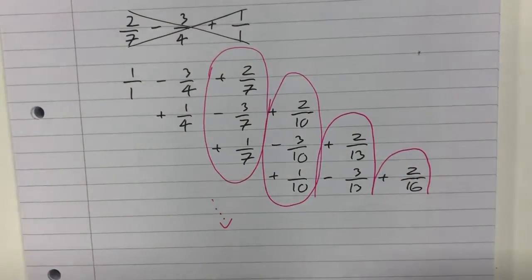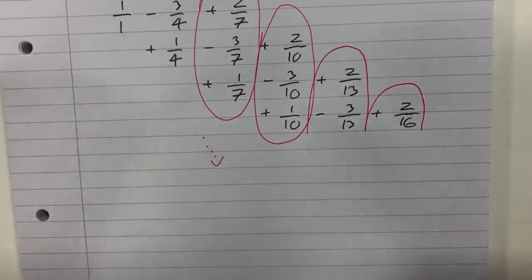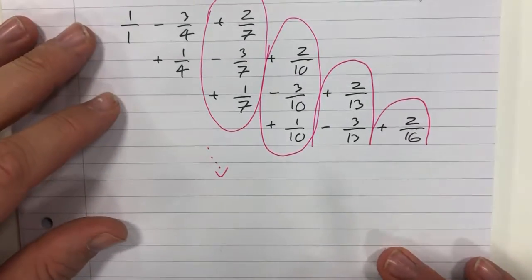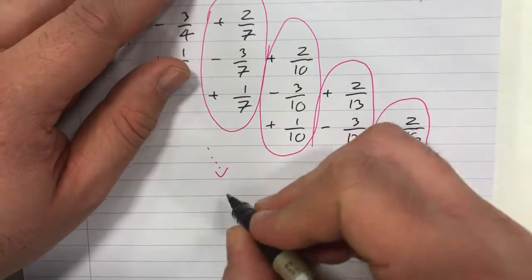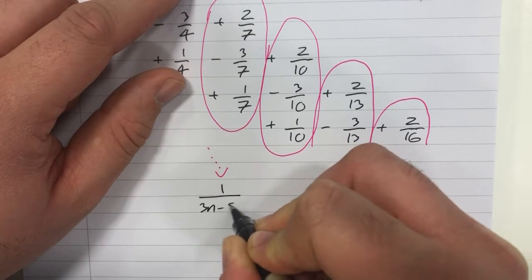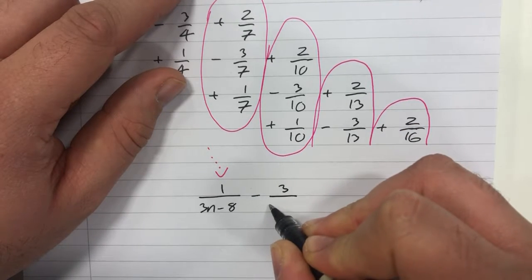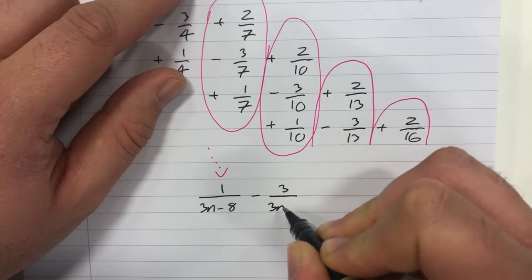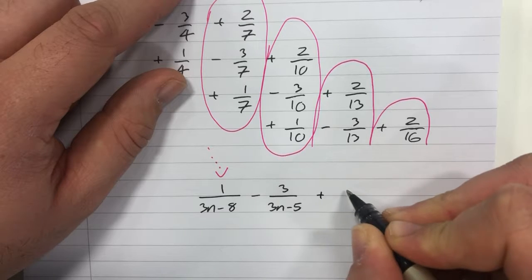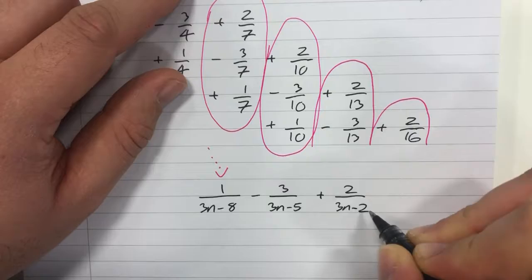Missing a few terms, I'm going to go back as far as n-2 this time at the end of the series. So n-2, I know you can't see it now, but n-2 is 1/(3n-8) minus 3/(3n-5) plus 2/(3n-2).